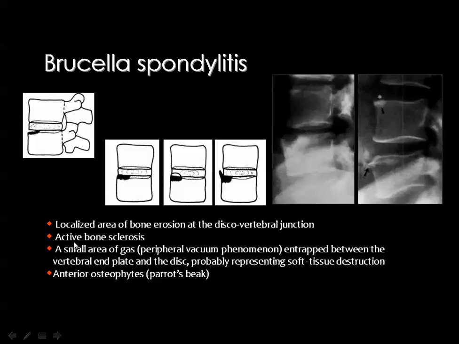Then there will be an active area of bone sclerosis similar to this one, and you see erosive changes adjacent to the disc, then an active area of bone sclerosis, then a small area of gas, what is known as the vacuum phenomenon, entrapped between the vertebral end plate and the disc. Then you have this classic osteophyte, which is similar to a parrot beak, this one, and this is one.